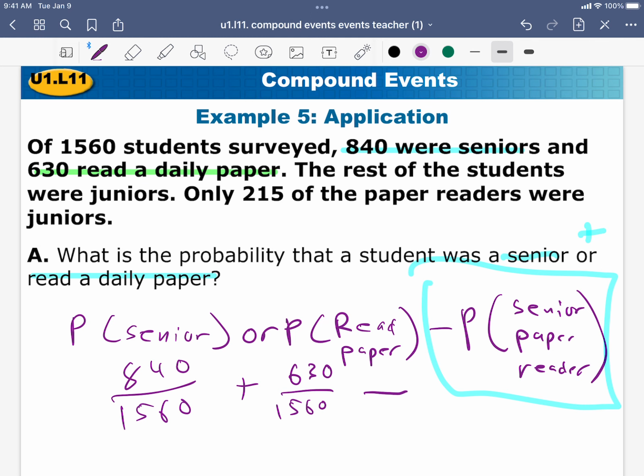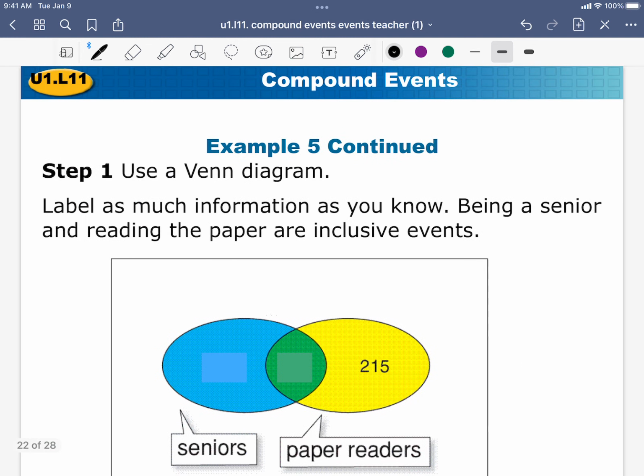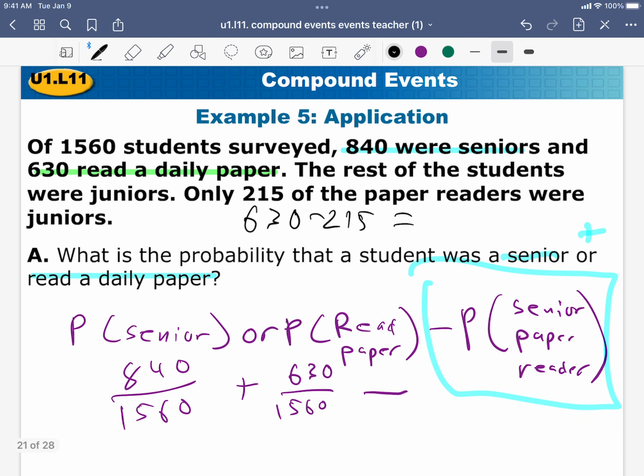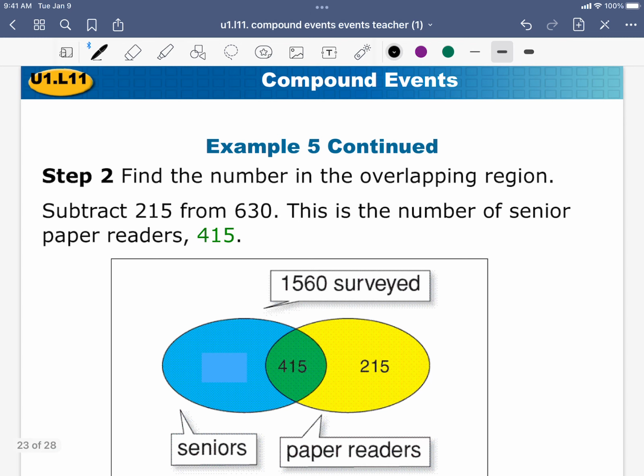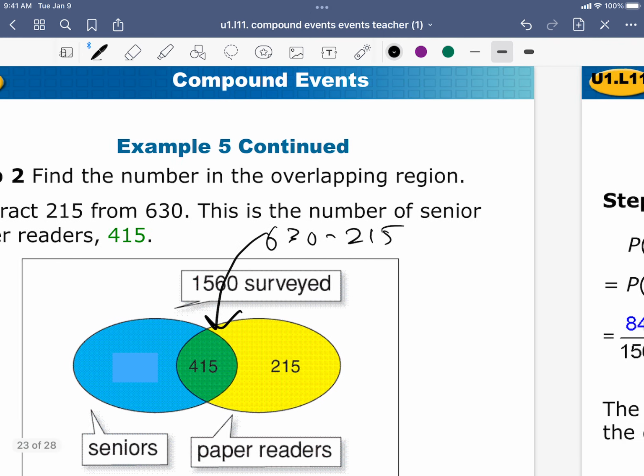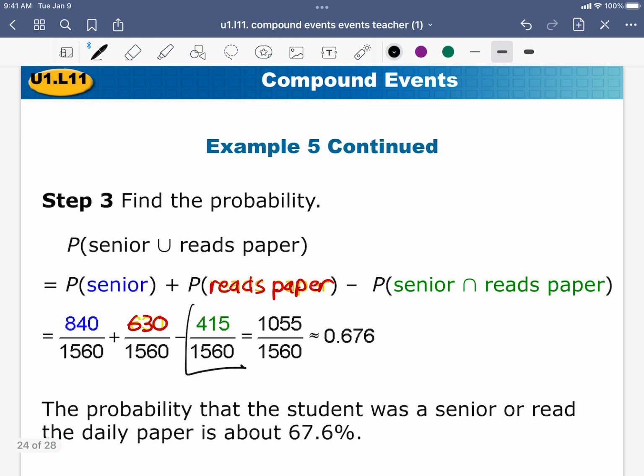It says only 215 of the paper readers were juniors, so the 630 minus 215 will give you the senior paper readers. Right, so 215 juniors, 630 minus 215 is 415. And that's the number that we're going to subtract in our probability.